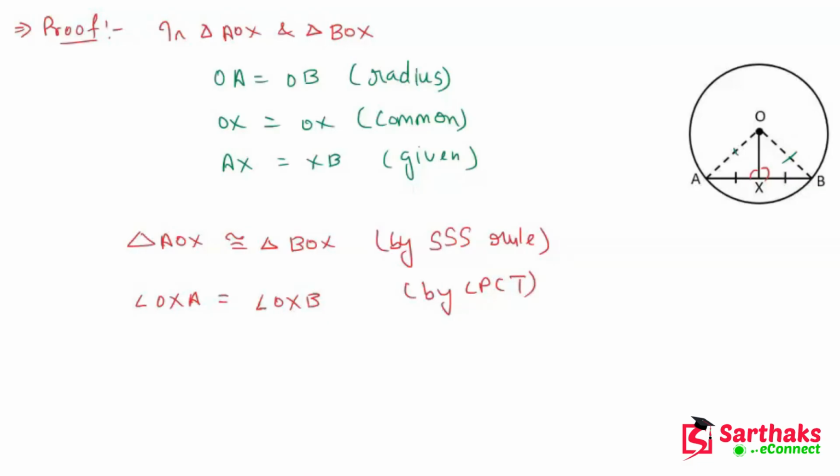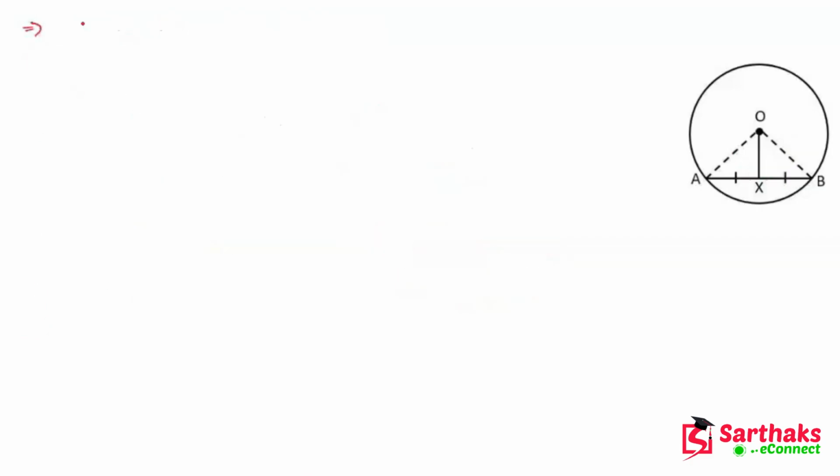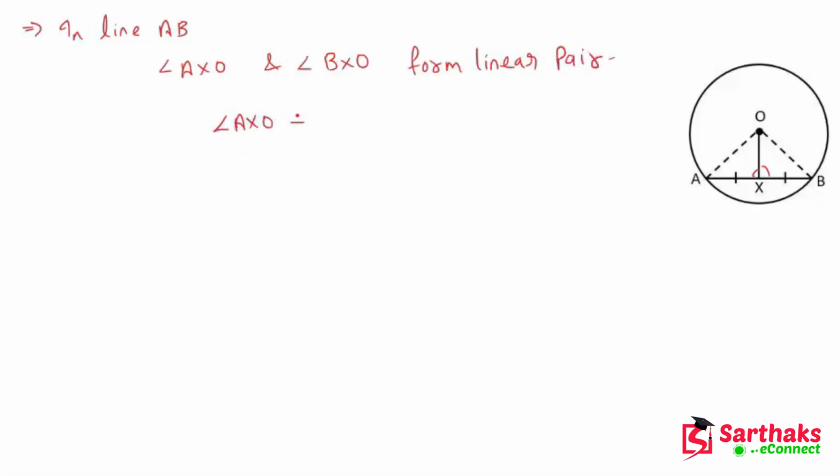Now we know that these two angles are linear pairs. So we can write here, in line AB, angle AXO and angle BXO form a linear pair. So angle AXO plus angle BXO is equal to 180 degrees.